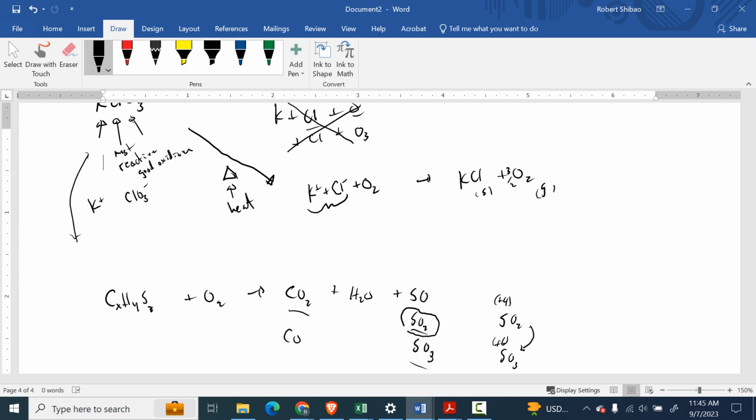But whether you do sulfur dioxide or sulfur trioxide, or sulfur, these are all reasonable, like carbon monoxide versus CO2. So we assume excess O2 and then take it probably to sulfur dioxide. Getting that extra step to sulfur trioxide might be hard.